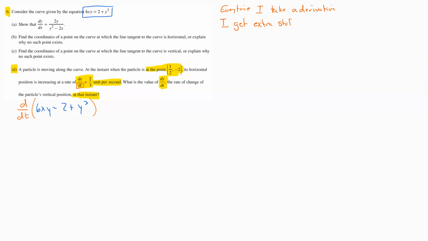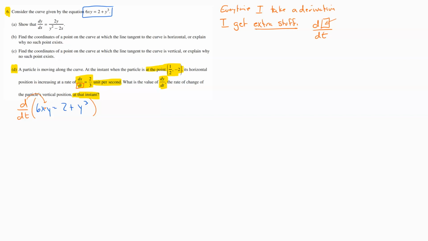And what that extra stuff is going to look like is, consider there being a box behind that d up on top. And so whenever I take a derivative, I'll get the normal derivative, plus I'm going to get d, and then I'll fill that box in with whatever the letter it is I took the derivative of over dt.